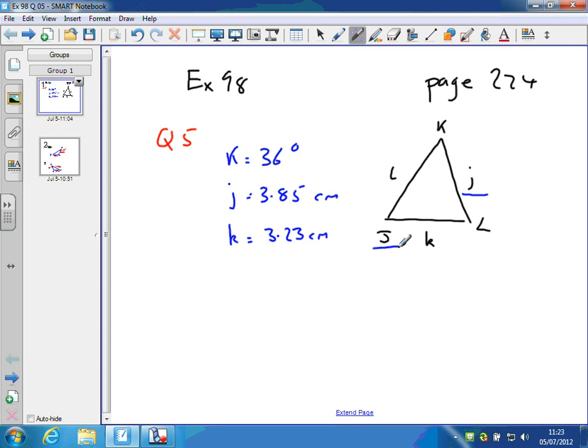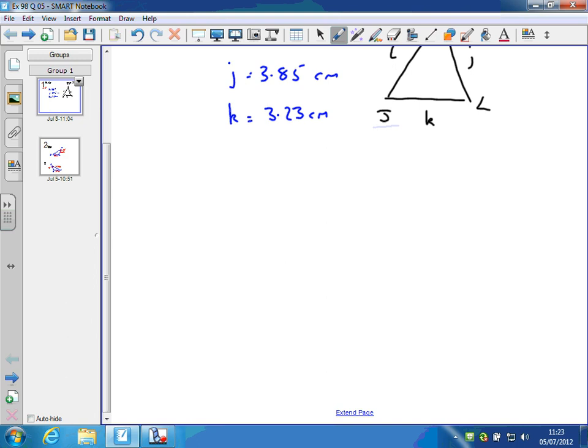So therefore I should be able to use the sine rule, knowing this side, little j, to find angle J. So that's what I'm going to do. I'm after an angle, so let's write the sine rule with the angle on top.